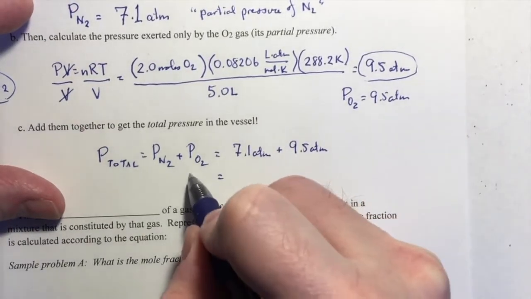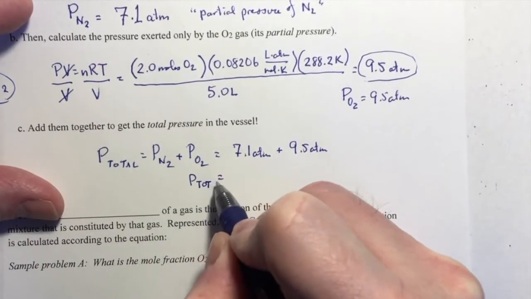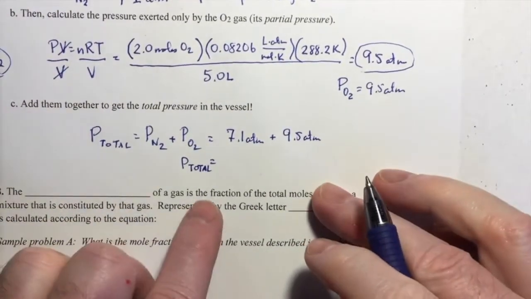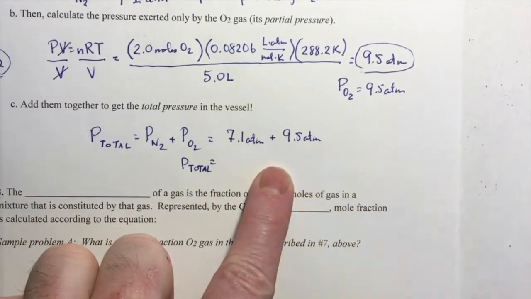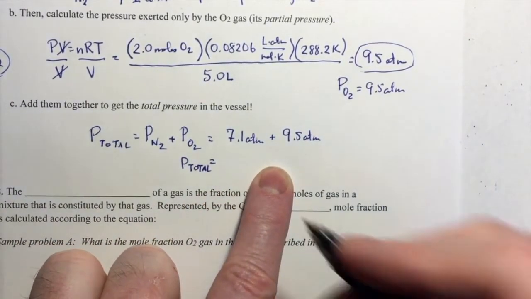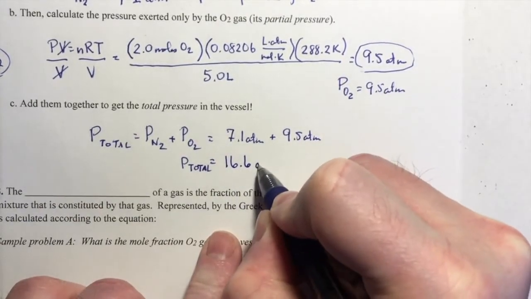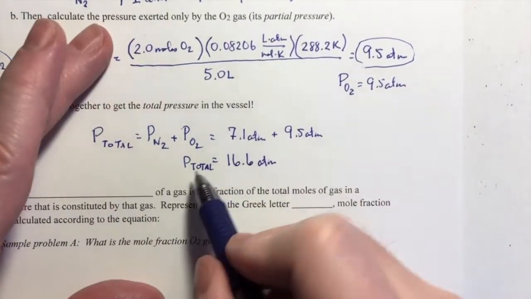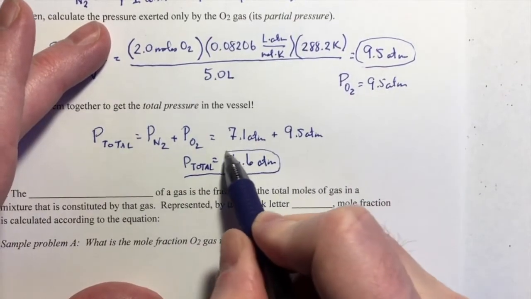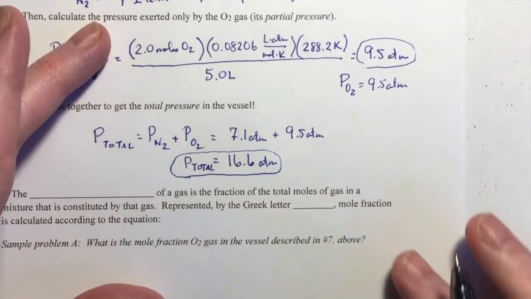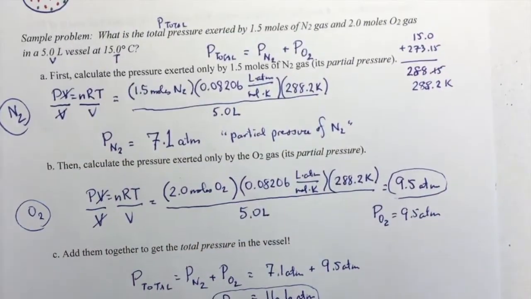And so the total pressure in the vessel is 7.1 plus 9.5, or 16.6 atmospheres of pressure total. And that's how we can use Dalton's law.